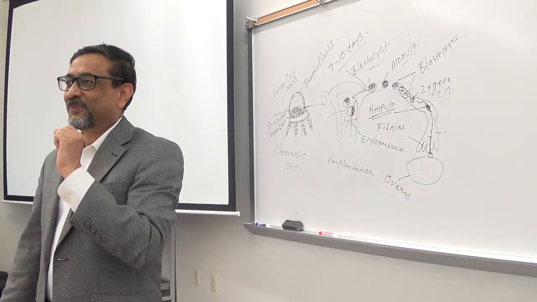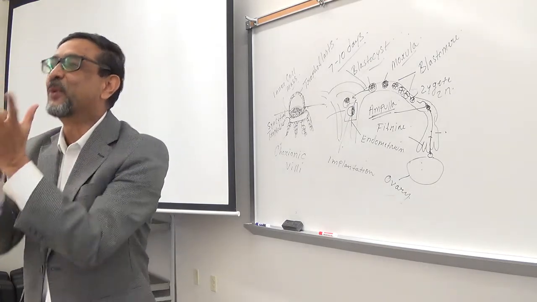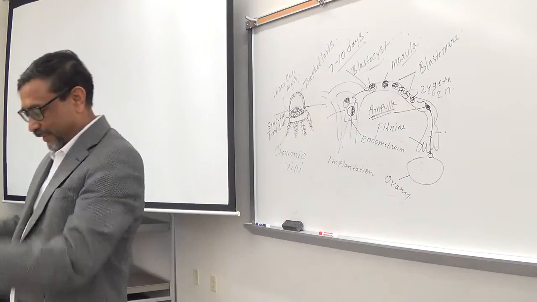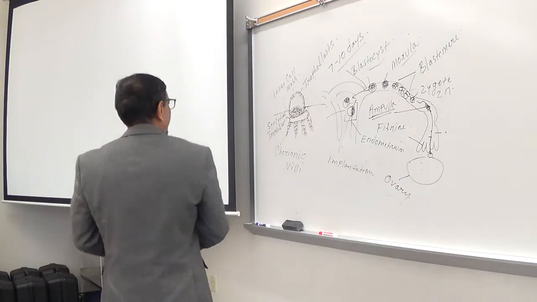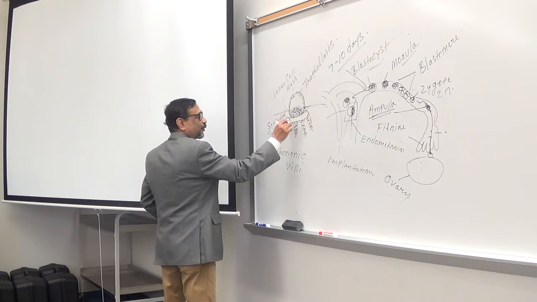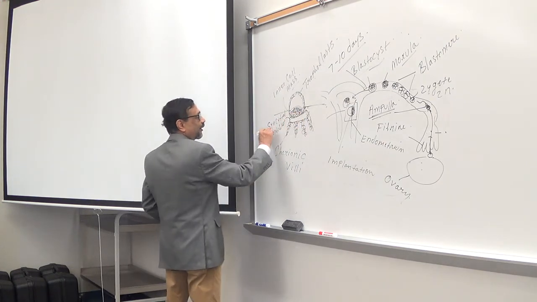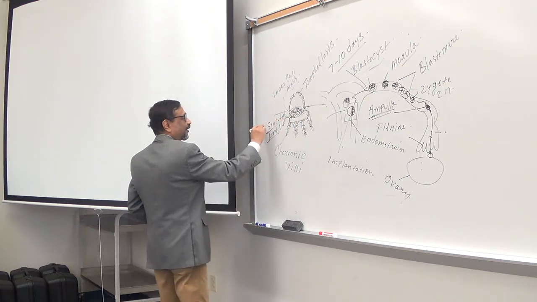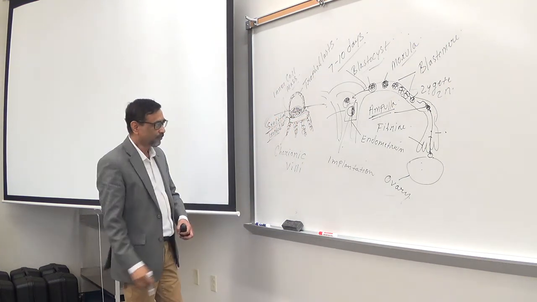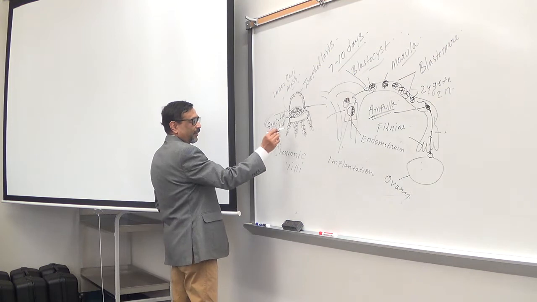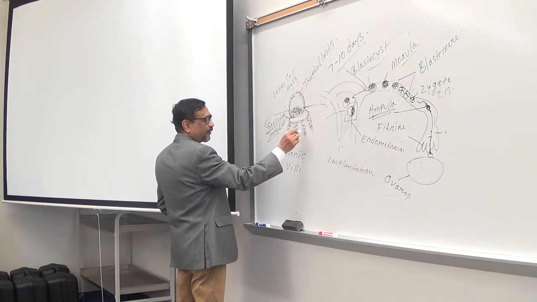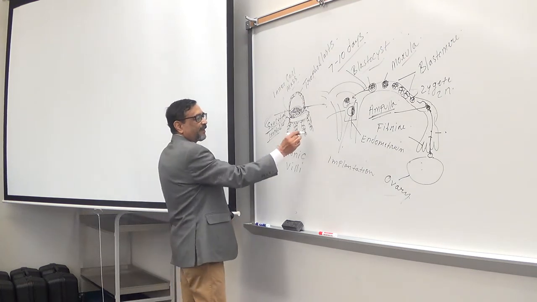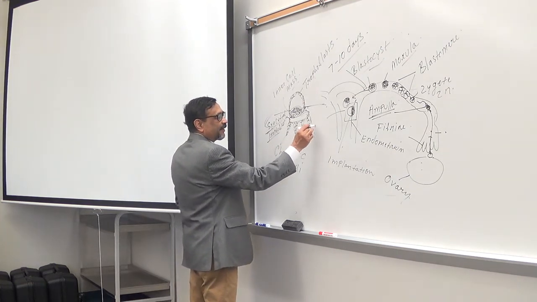Syncytium, acting as a unit together, right? So it is like one thing. So since all these cells get together, that's why it is called syncytial trophoblast. Anyway, these are important. Chorionic villi. Chorionic villi secrete a hormone.